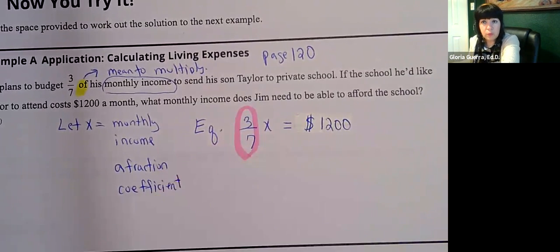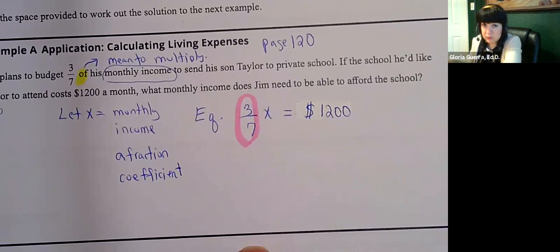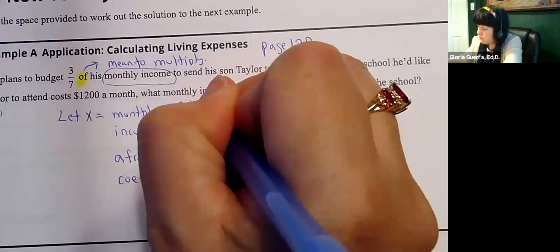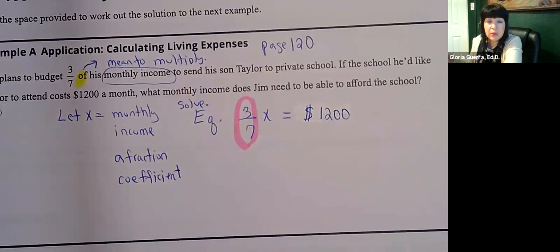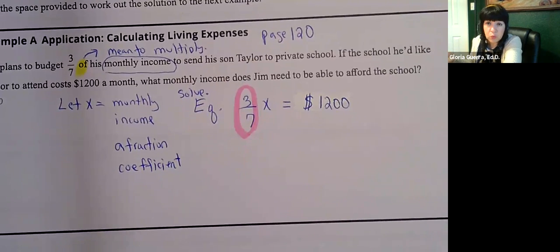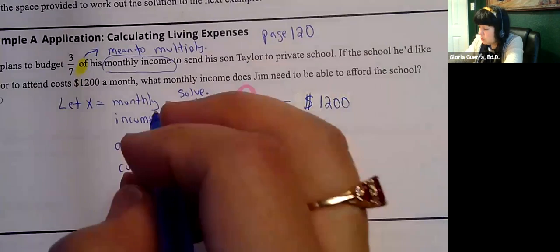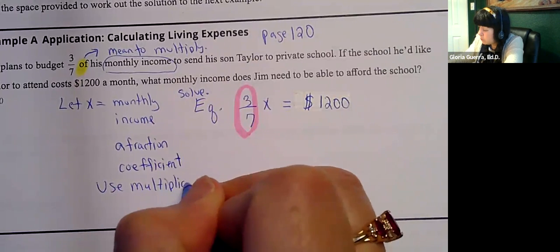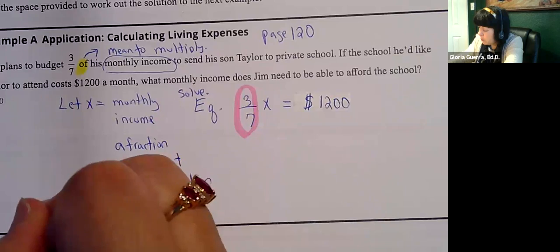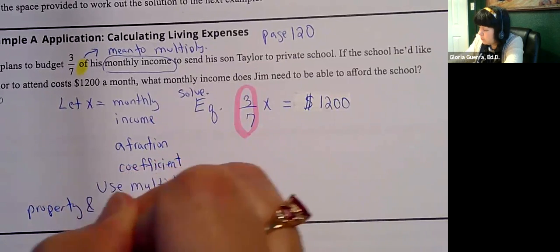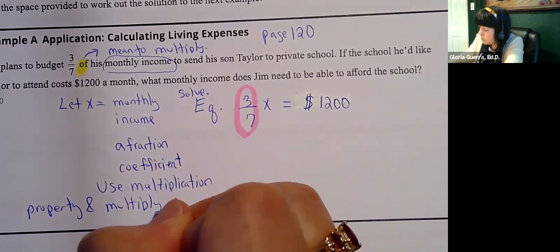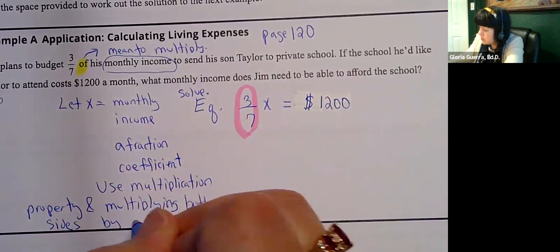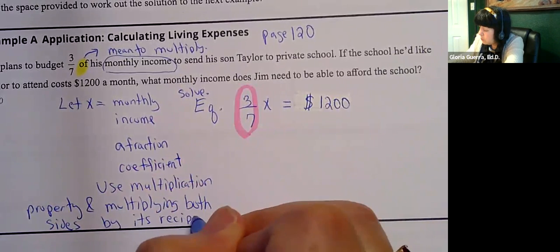So I hope you remember what I would like to see. What I've been teaching from my perspective is that if you solve an equation, and we are solving this, and you have a fraction coefficient, what I've been stressing is that you use the multiplication principle, or the multiplication property, and you want to find yourself multiplying both sides by its reciprocal.